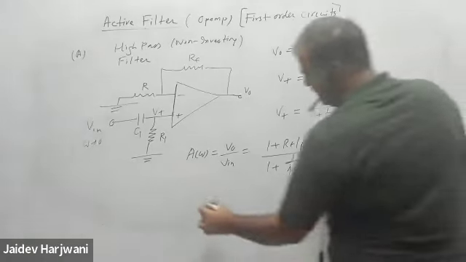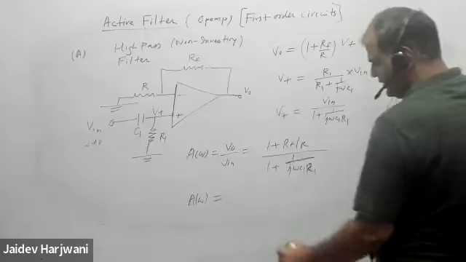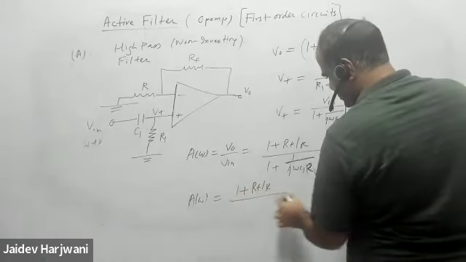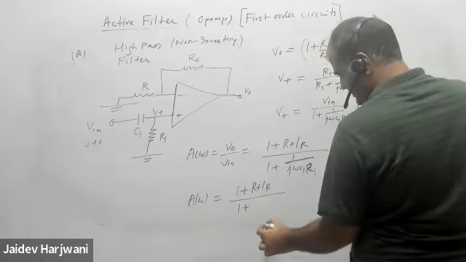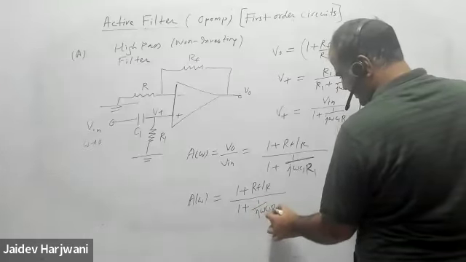And now the formula will become A omega will be what? A omega will be 1 plus RF by R, 1 plus 1 upon J omega C1. Sorry.